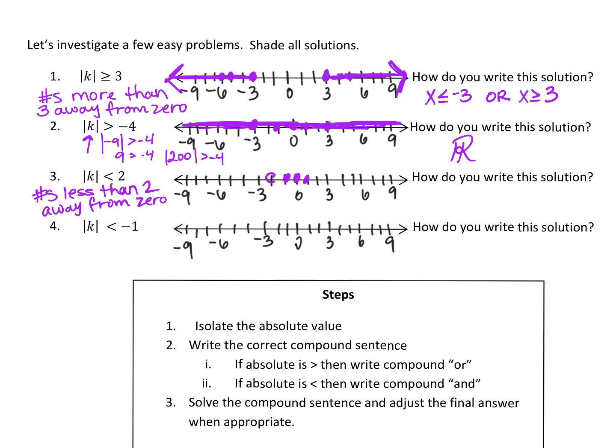So we have to put an open circle on the 2, and it's everything in between. How do we write that? -2 is less than x, less than +2. Our less thans are our and inequalities. We want you to use between notation. Do not write them as separate inequalities.